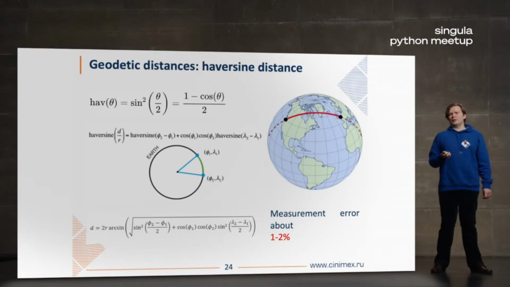It usually gives measurement error approximately between 1 or 2%, and in many cases it is okay, but sometimes, for example, if we are talking about large distances between different countries, it can be pretty deteriorating.